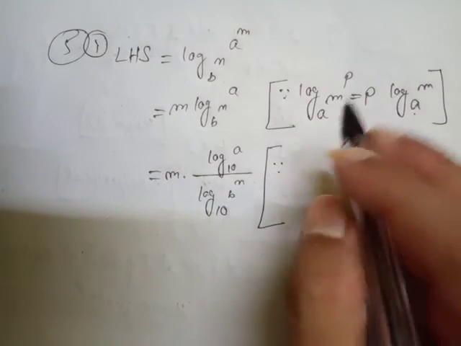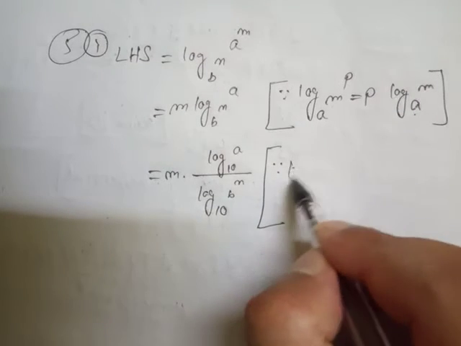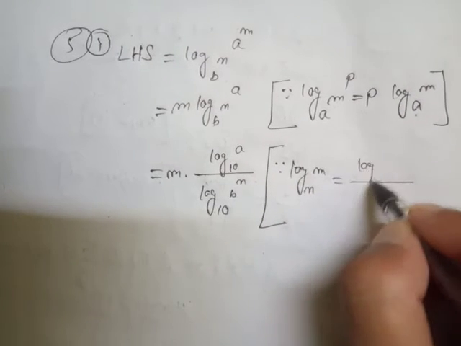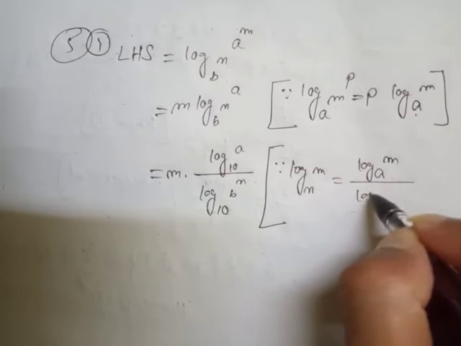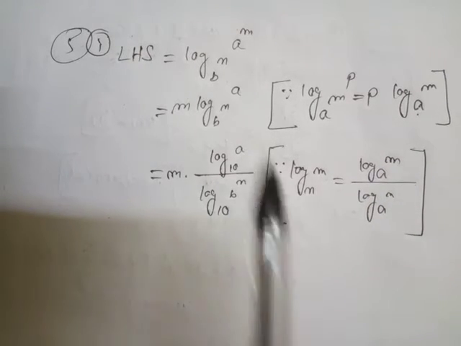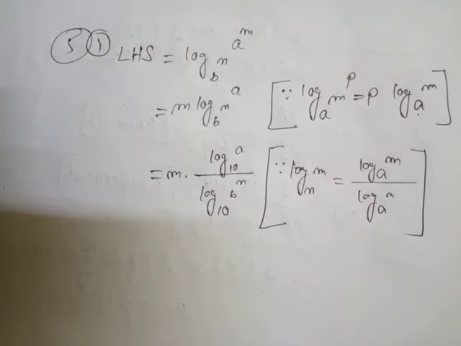Since log base n of m equals log base a of m over log base a of n, this is the formula used here. Here I have brought in base 10. Log base 10 can be brought into a logarithm sum anytime. Nothing wrong, it's a procedure.